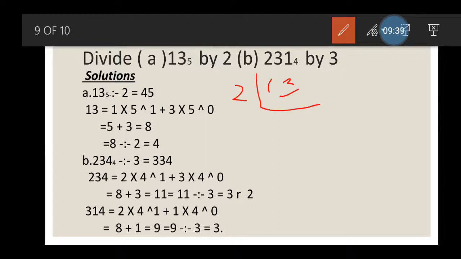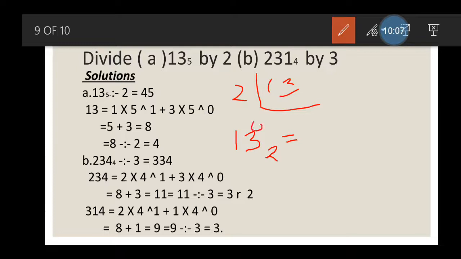So first of all, can 2 go in 1? No. If 2 cannot go in 1, normally you add a 3 to become 13. But you cannot say 13 divided by 2 directly. Rather, you change that 13 to base 10. Remember what we did, changing other bases to base 10.